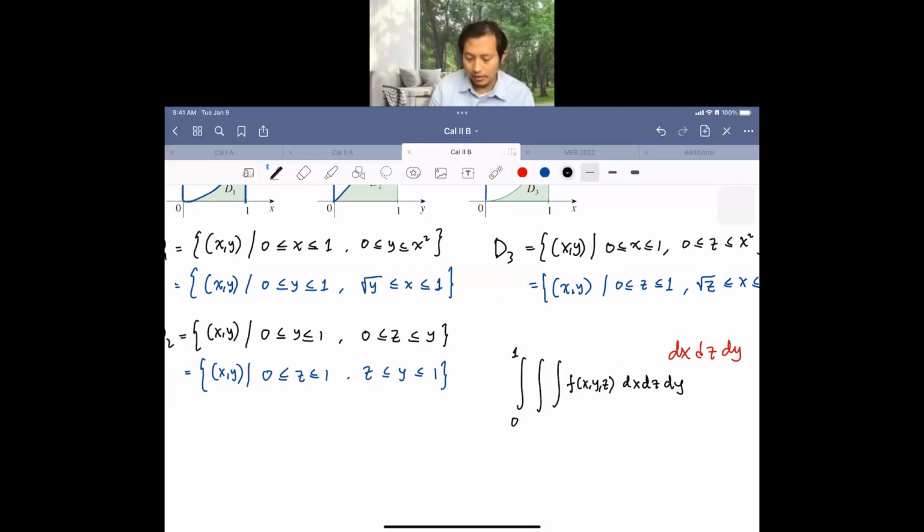And then dz will be from 0 to y. Okay. And then dx. Dx is going to have square root of y and then 1.